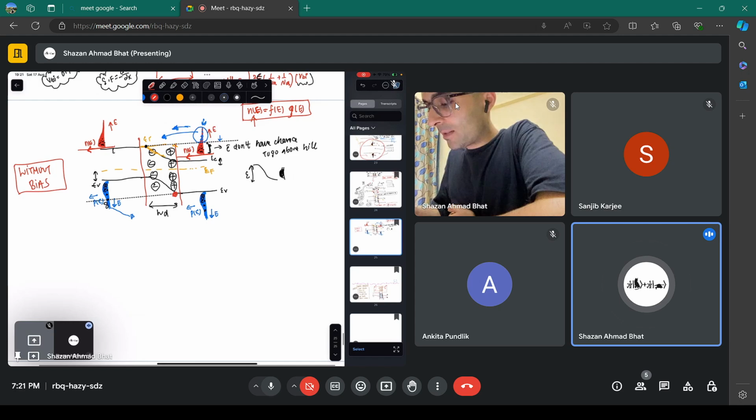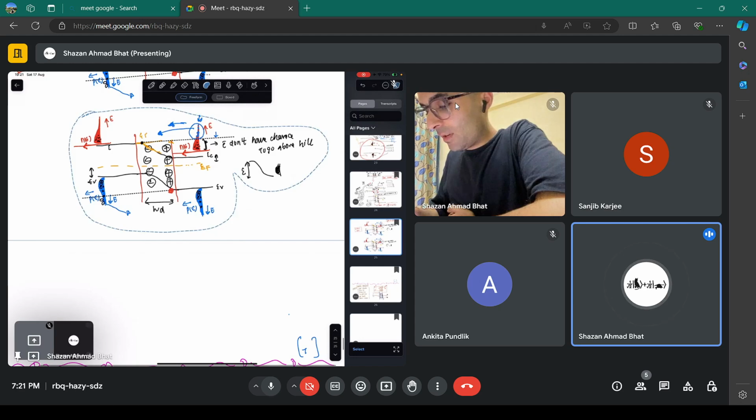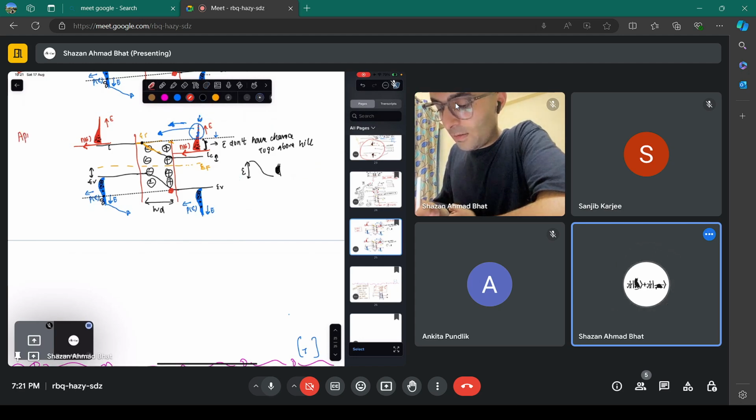Now let's apply the external voltage. Let's take this, duplicate this. Now, what type of voltage do we want to apply? We apply positive to the P side and negative to the N side, something called forward biasing.